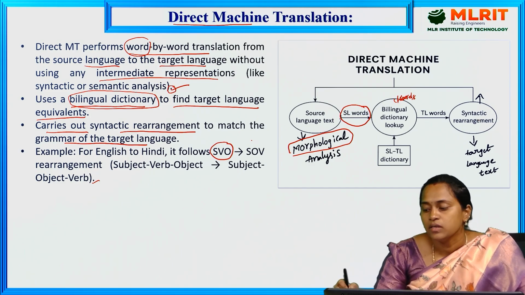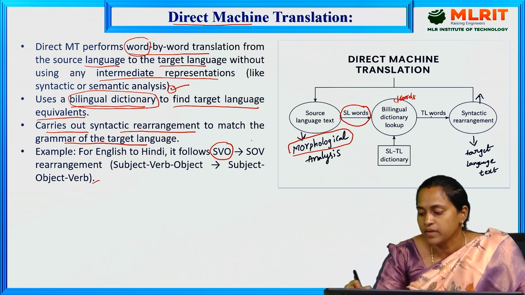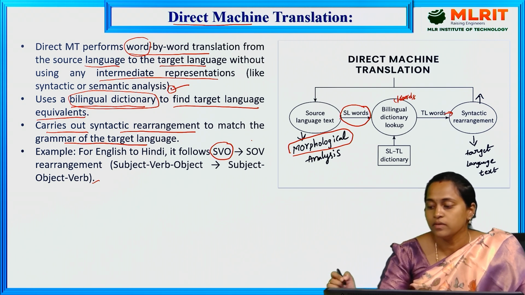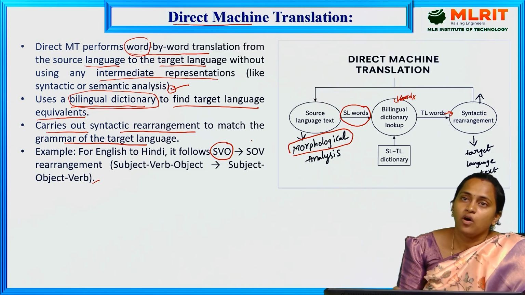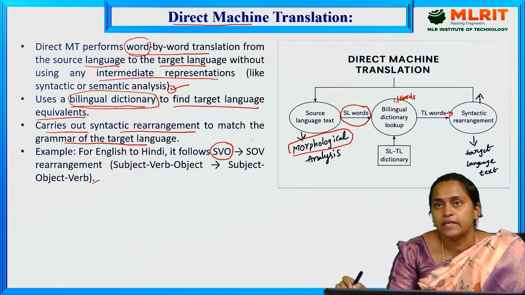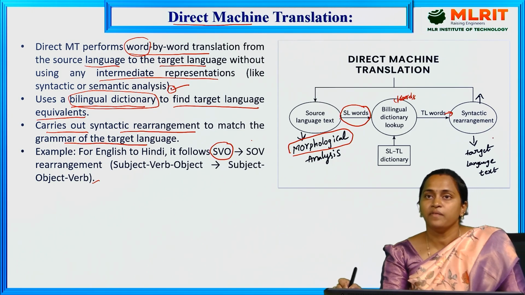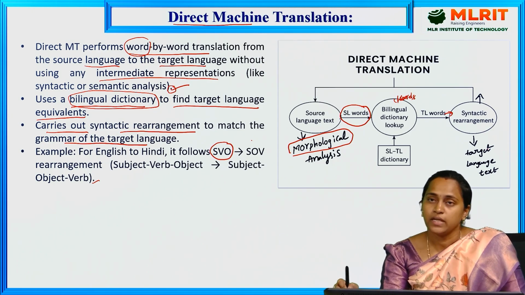After that, syntactic rearrangement is needed, right? After that, the target language text is produced. First we have the source language text. After that, the source language words go to the bilingual dictionary and we find the target language words. After syntactic analysis, then rearrangement of the words, and finally it shows the target language text.